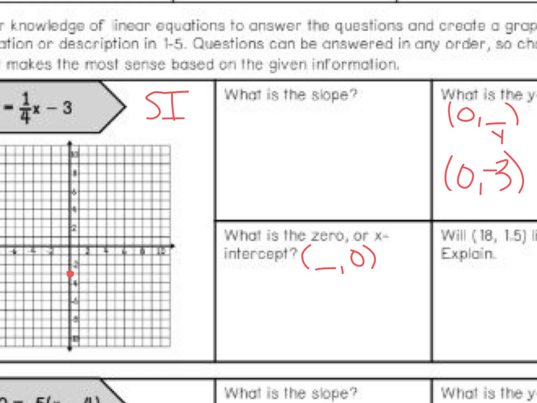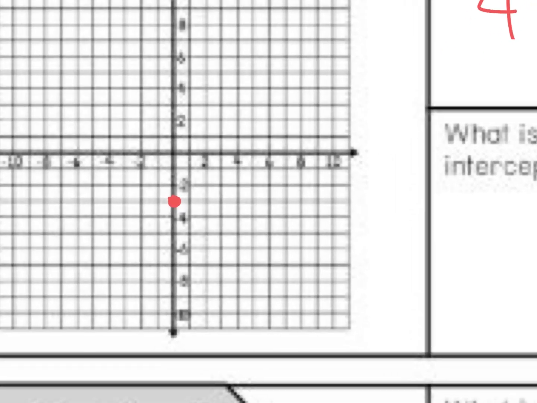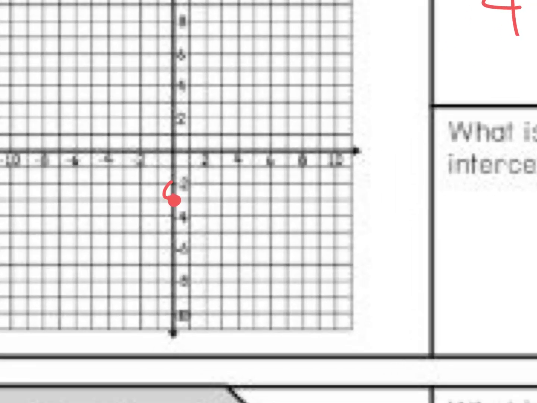We've graphed the dot. And then why are we going up 1 and over 4? Because that's our slope. Rise over run. Now, remember, we're going to count bubbles, right? Rise 1, 1, 2, 3, 4. I could actually keep that pattern going. Rise 1, run 4.